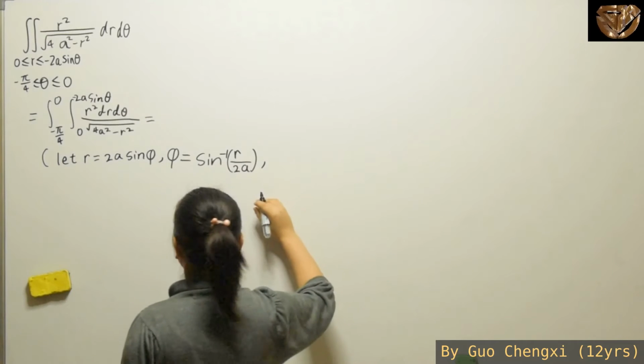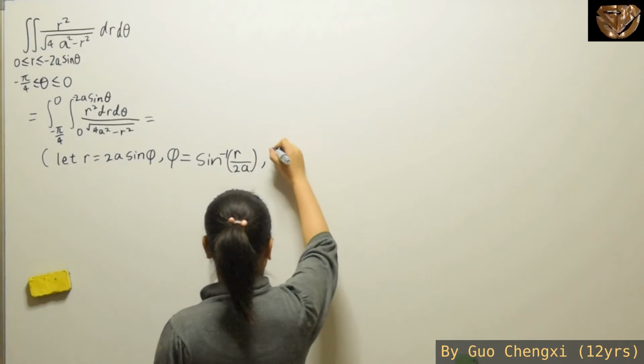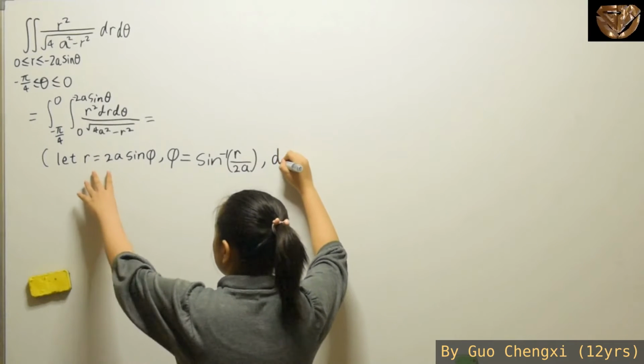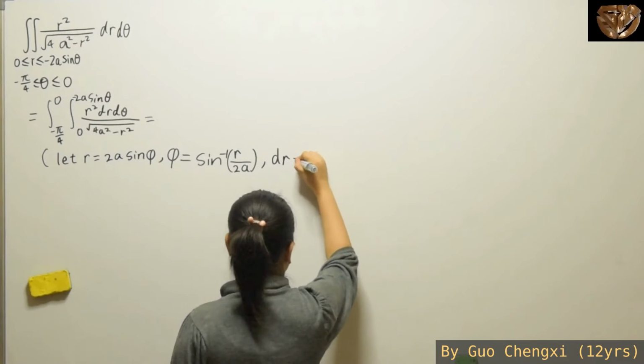This is what we get for phi, which we'll need for the boundary later. We can differentiate on both sides in order to find what dr is.